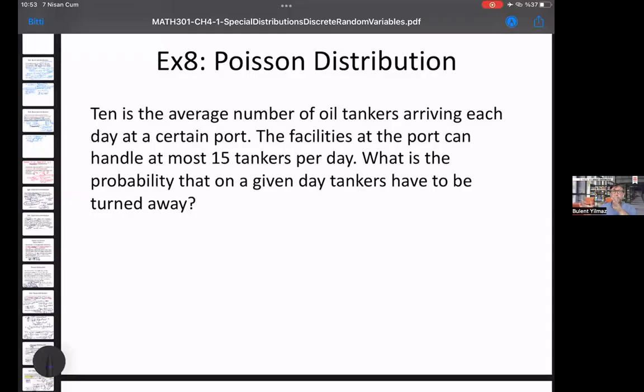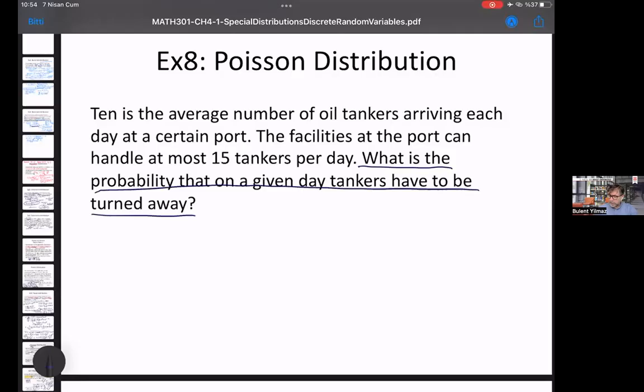Oil tankers, big ships, are coming to the port, and people can deal with them and solve their needs accordingly. What's the probability that on a given day tankers have to be turned away? So that's the tricky part.